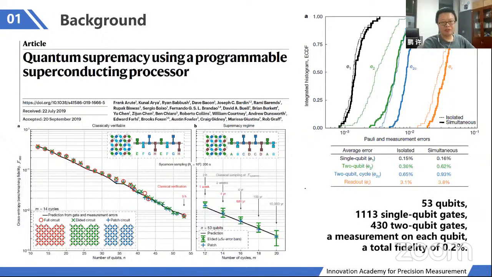Although there is some debate about whether they really realized quantum supremacy, there's one thing there's no doubt about: they really pushed superconducting quantum computing to a new level, which is indicated by all these parameters, with very high fidelity single qubit gates and very high fidelity 2 qubit gates.